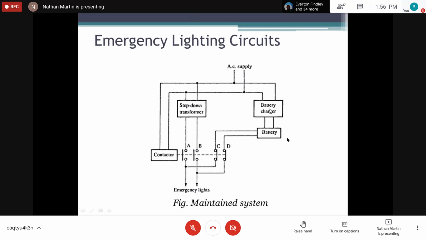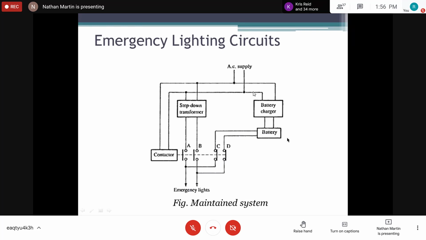So this is your battery charger. You realize that your battery charger or your battery is connected to C and D, and these are normally closed contact, right? So when this has supply, these will be open, right? And if this is open, then there'll be no sound emergency light.